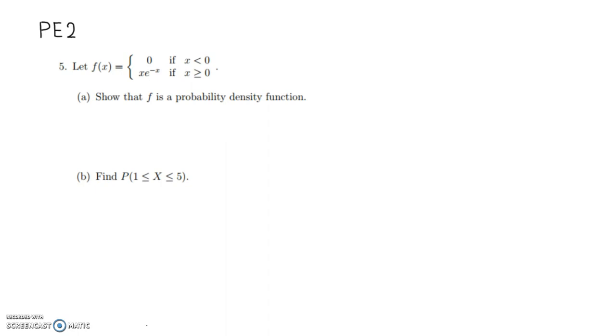First thing we have to check is number 1: it has to be a non-negative function. So f of x. This is an easy check. It's defined as 0 when x is less than 0, so we have that. And also when x is greater than or equal to 0, x e to the negative x is always non-negative.